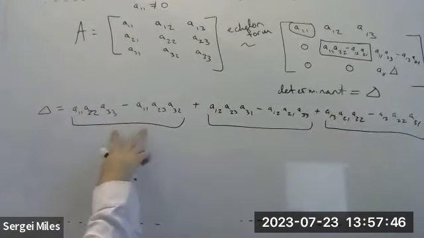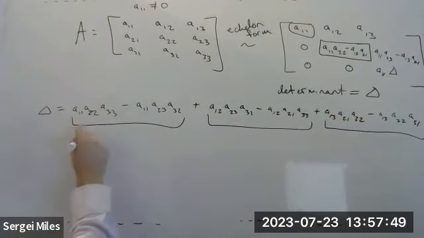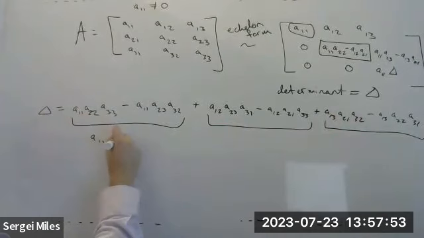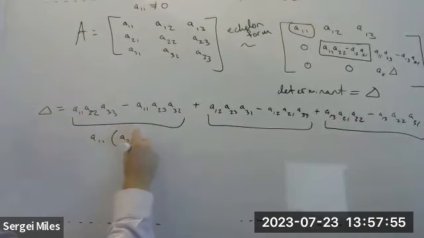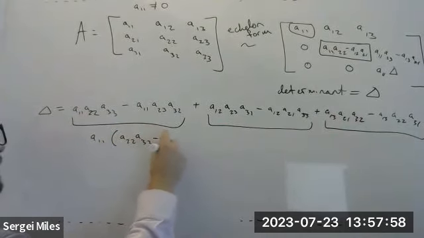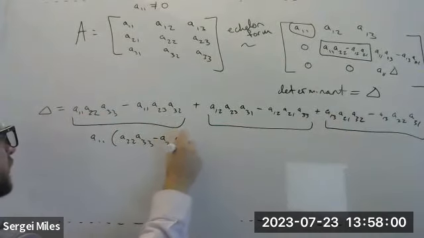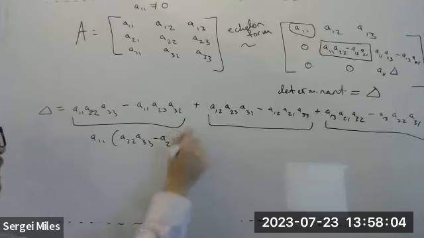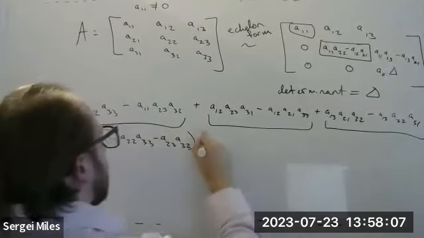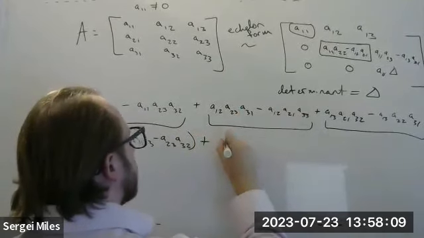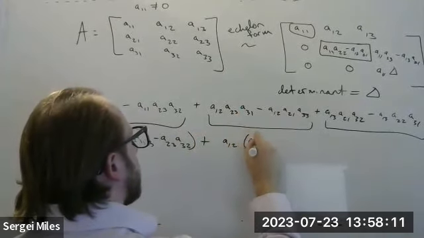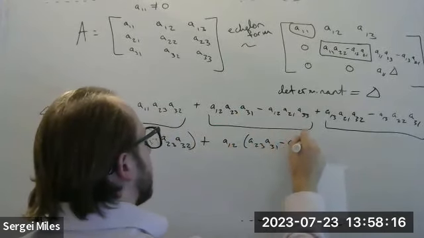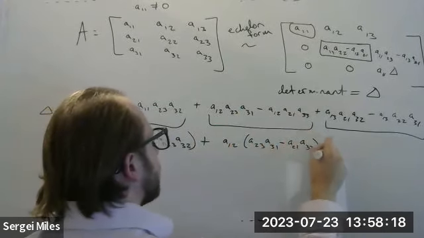Well, in fact, if we look at this first piece, I have an A11 in common. If I factor out the A11, then I have A22 A33 minus A23 A32. Plus, and I have an A12 in common here, A23 A31 minus A21 A33.